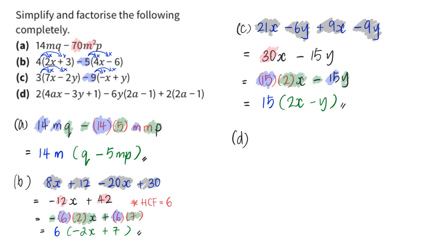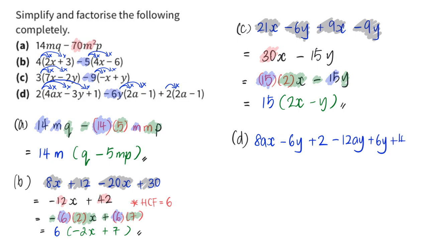For part D, similarly, I'm going to expand and simplify out first. So this will give me 8ax. 2 times negative 3y will be negative 6y. This will give me positive 2. And I continue to multiply. Take note, it is negative 6y. So it will be negative 12ay. Positive 6y. Positive 2.